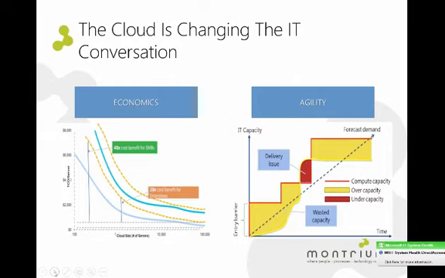When we look at the cloud, it really is changing the IT conversation. Historically, when we look at the economics of the cloud, due to its massive scale, it keeps on dropping the price of compute and storage. So clearly, over the years, the cost of cloud computing has dropped rapidly. At the same time, when we look at the agility that it affords IT, it's been going up, perhaps not as dramatically, but the most important thing with cloud computing, it can actually level off the amount of computing that's available.